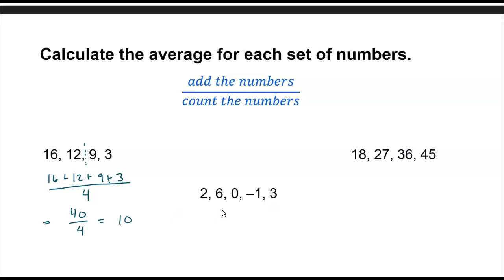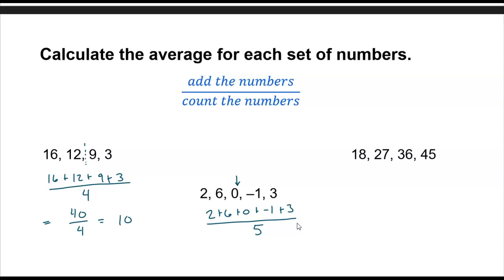How would we set this up? Well, we're going to add the numbers, 2 plus 6 plus 0 plus negative 1 plus 3. And then we're going to count the numbers, 1, 2, 3, 4, 5. There are 5 here. Now notice 0 is a valid number. If 0 appears in our set, we do count it.